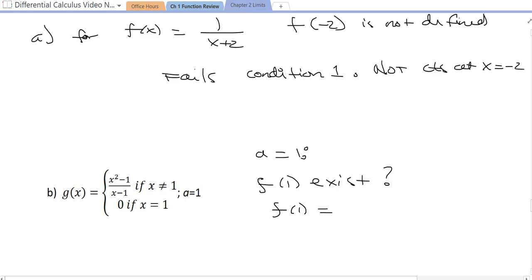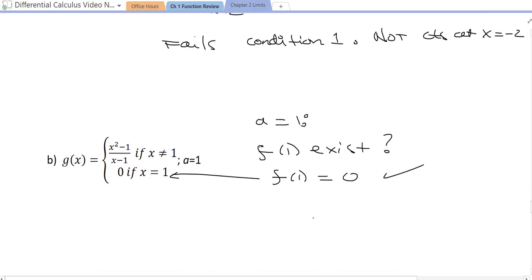This says when x is not equal to 1, so I don't want to put it in there. It's 0 when x is equal to 1. So f of 1 is 0 based on that part of the function. It tells me specifically when x equals 1, the value is 0. So it does exist, so it passes the first condition. The second condition is that the limit as x goes to 1 has to exist.